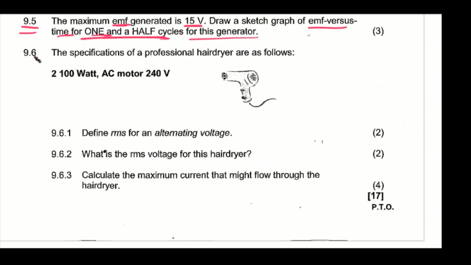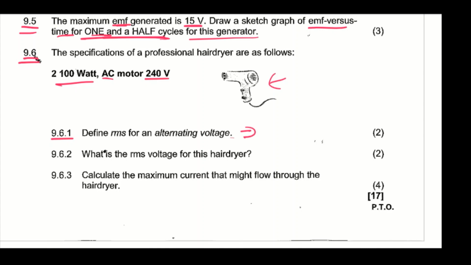Now 9.6 says that the specifications of a professional hair dryer are as follows. So this is the hair dryer, and it has 2100 watts, and it is an AC motor of 240 volts, right? 9.6.1, we are asked to define the RMS for an alternating voltage.